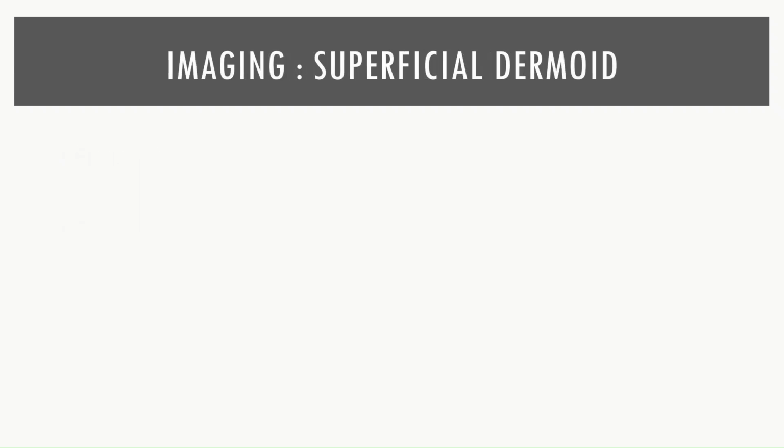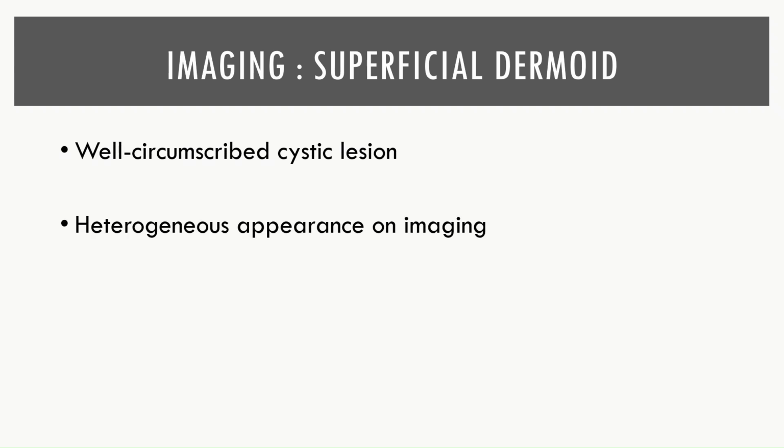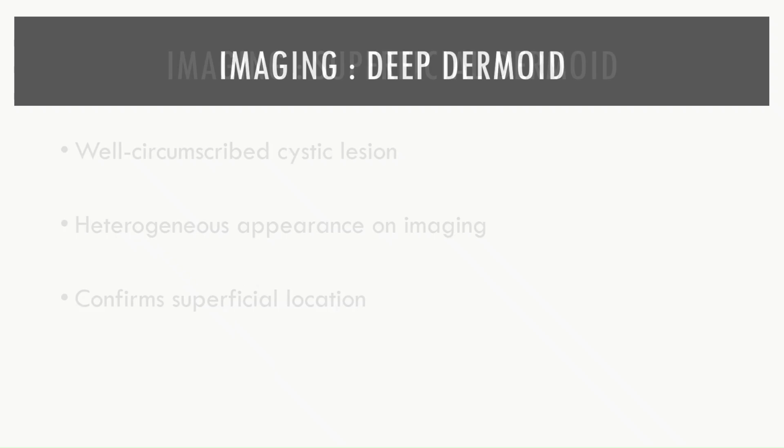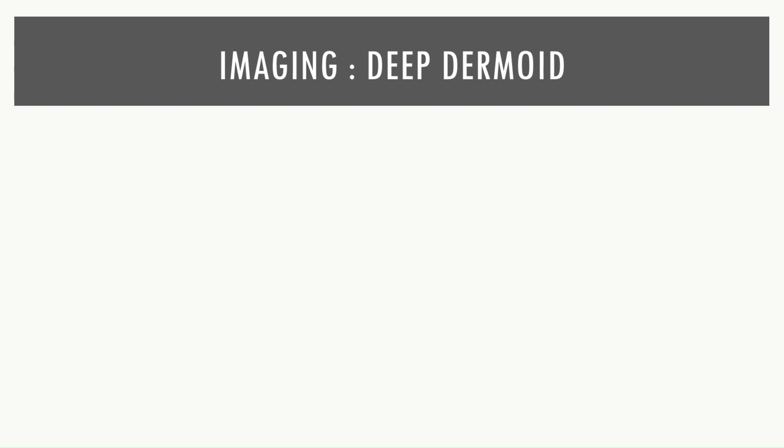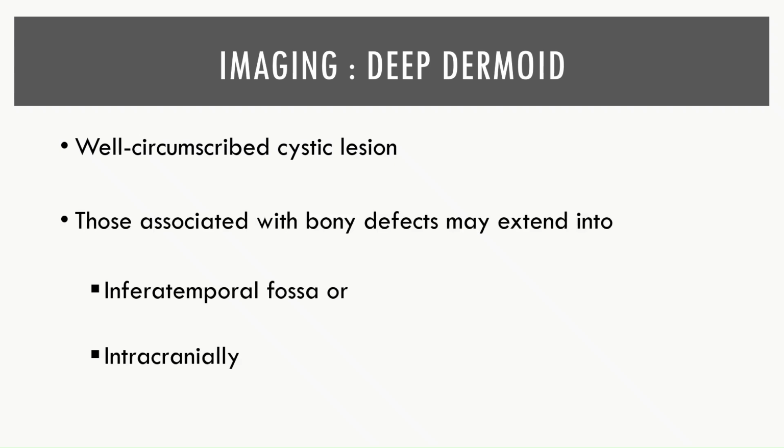Imaging of superficial dermoids typically shows a well-defined heterogeneous cystic lesion confined to the anterior orbit. Imaging of deep dermoids also shows a well-circumscribed lesion. Some deep dermoids associated with bony defects may extend into the inferotemporal fossa or intracranially.